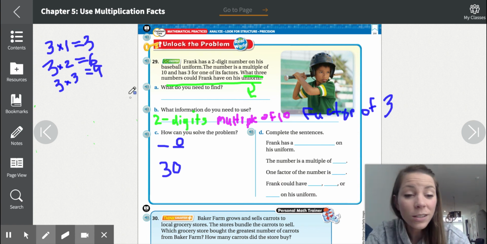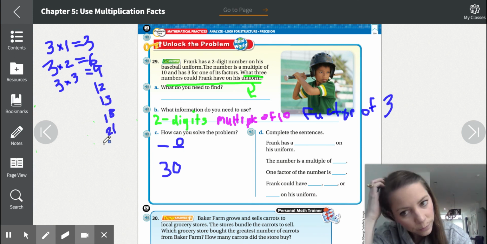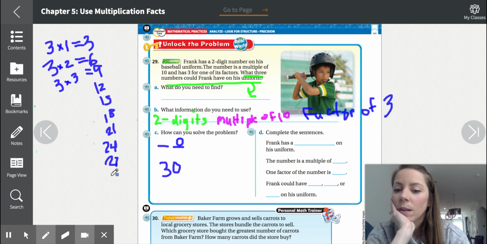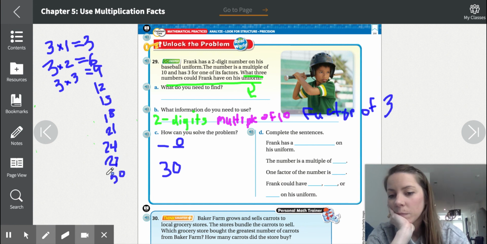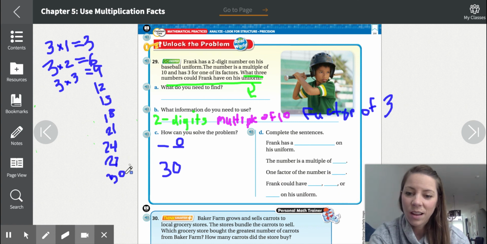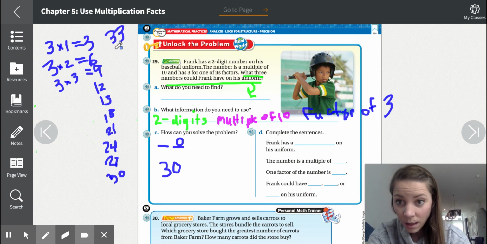So I'm going to just keep counting by threes. 3, 6, 9, 12, 15, 18, 21, 24, 27, 30. Wow, all of these multiples didn't have any zeros at the end. And then if I start over, I'm going to have 33, 36.